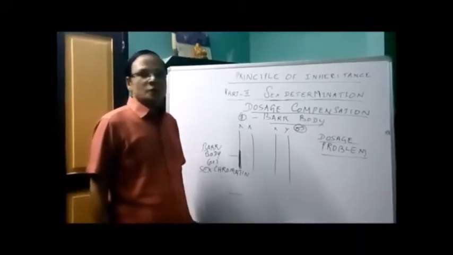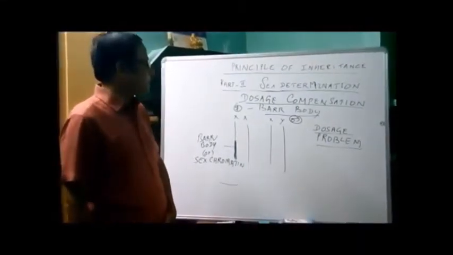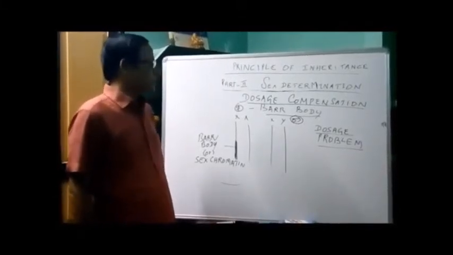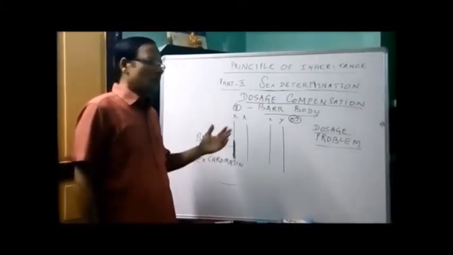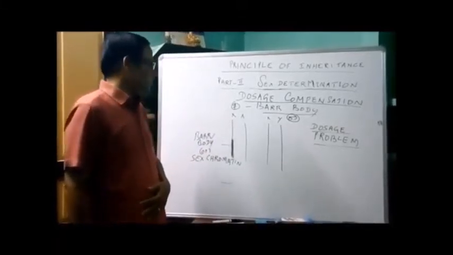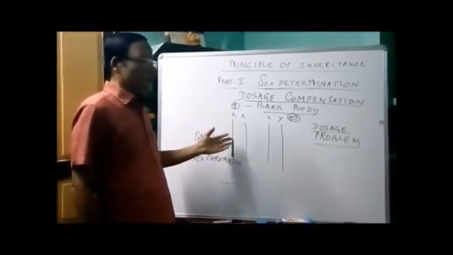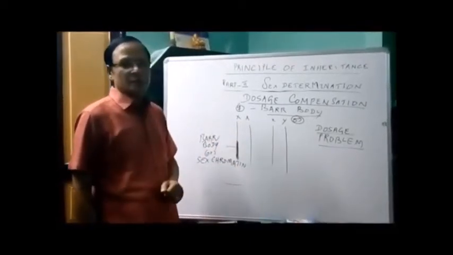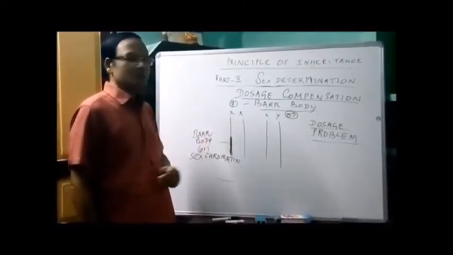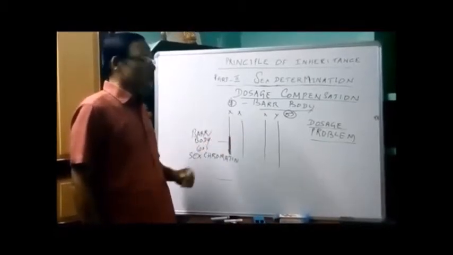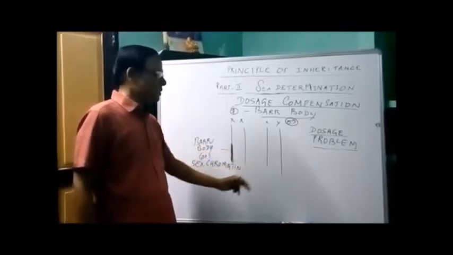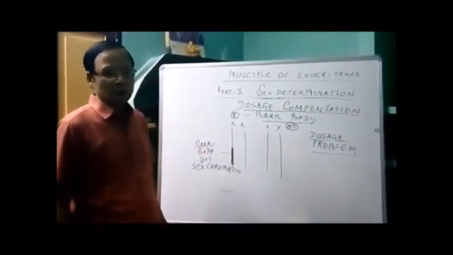Students, we will pass on to the next part in sex determination. What is dosage compensation? Females have 2 doses of X-linked genes as they have 2 X chromosomes. In contrast, the males have only 1 dose of X-linked genes as they have only 1 X chromosome.